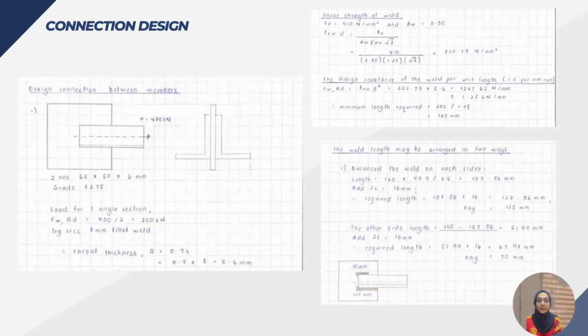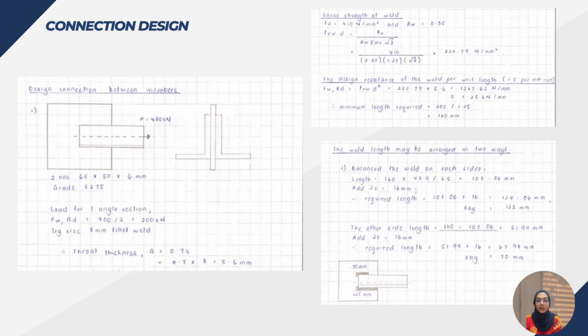For the connection design between members, we use the dimension of 2 number 65 by 50 by 6 mm angles and the P is equal to 400 kN. The steel grade is 275. For the FWRD, we get the value of 200 kN and we use the size of 8 mm fillet weld.